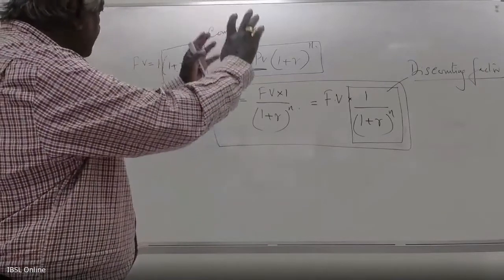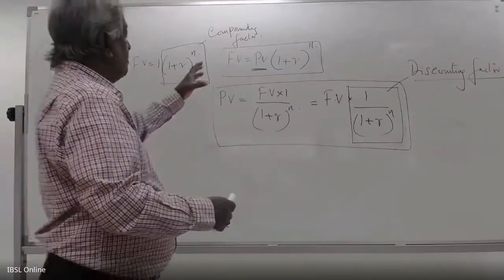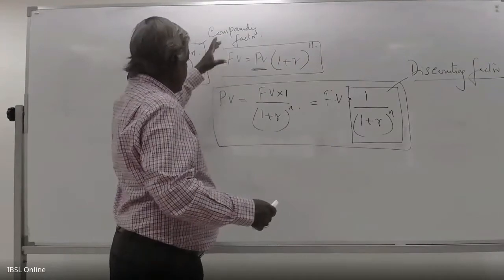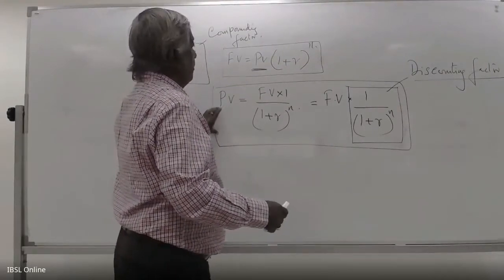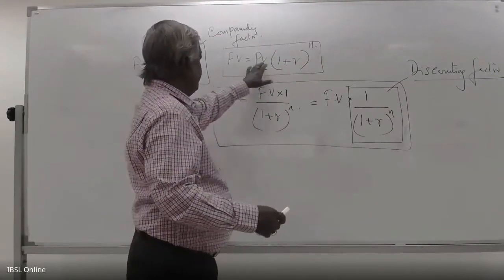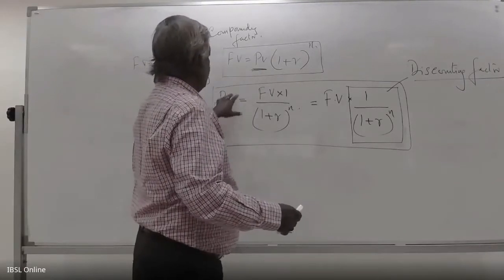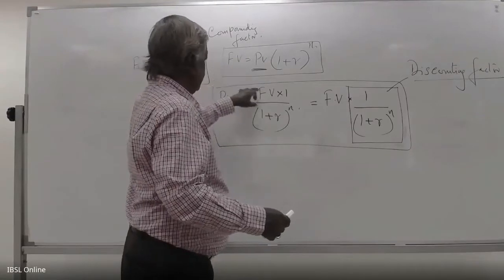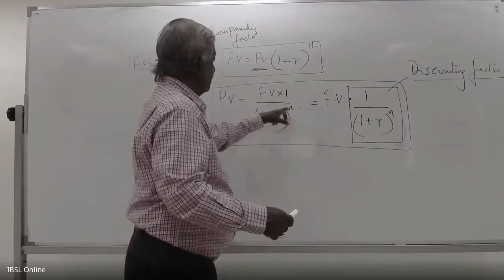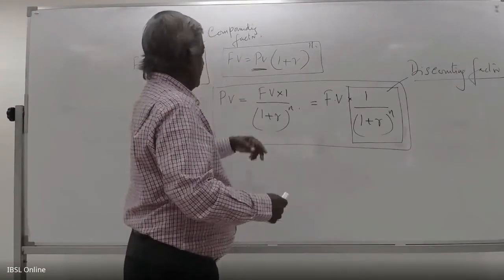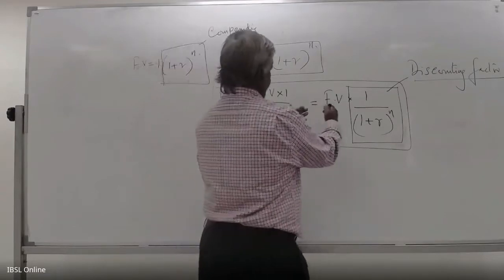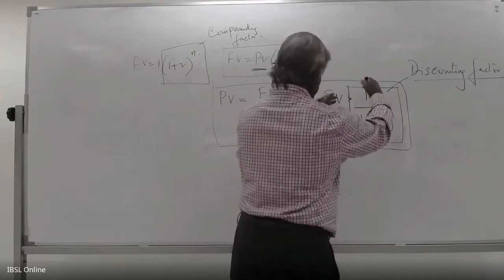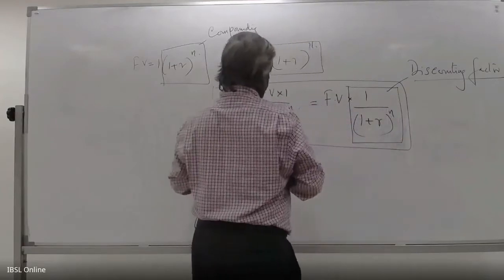Once again, from the compounding formula, we convert that into the discounting formula. We make the PV the subject, and then this will come down below the FV, divided by (1 plus r) to the power n. So this portion is FV into 1 divided by (1 plus r) to the power n.